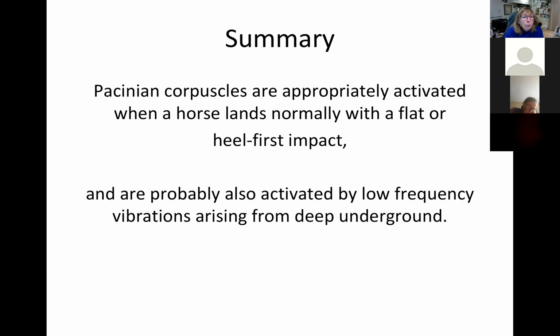So in summary, those Pacinian corpuscles are appropriately activated when the horse lands normally with a heel first impact. So now we're back to the idea that a poorly shod horse that's landing toe first isn't going to get the kind of information into those receptors the way a horse that's landing flat or heel first is going to. Again, we're not there to judge the quality of the farrier work, but there's certainly going to be a difference between a well-shod horse and a poorly shod horse.